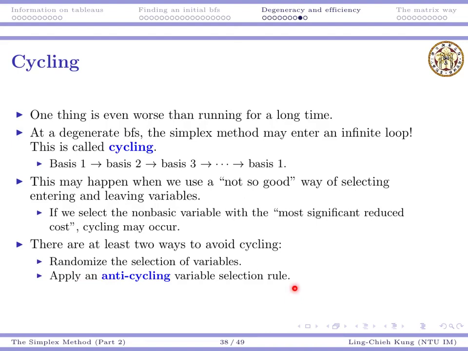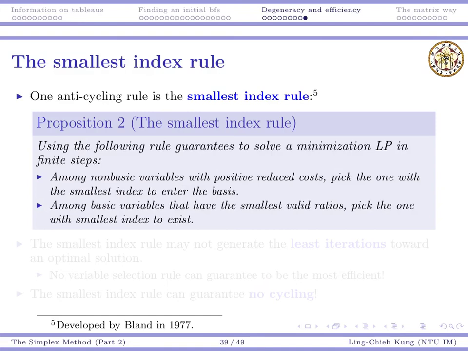That means some rule that guarantees that an infinite loop can be avoided. For example, one anti-cycling rule is the smallest index rule. Suppose we use the smallest index rule, we can guarantee to solve any linear program in finite steps. You will never see an infinite loop.